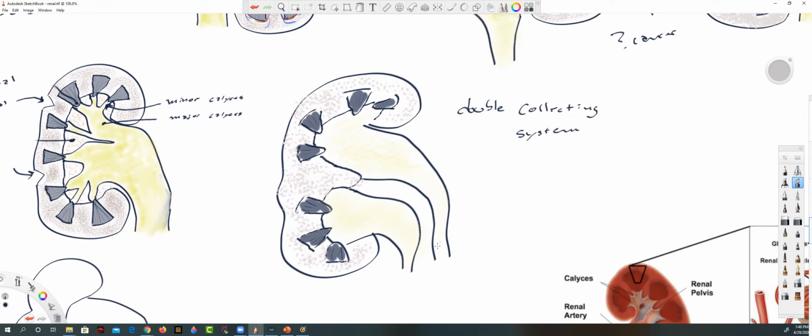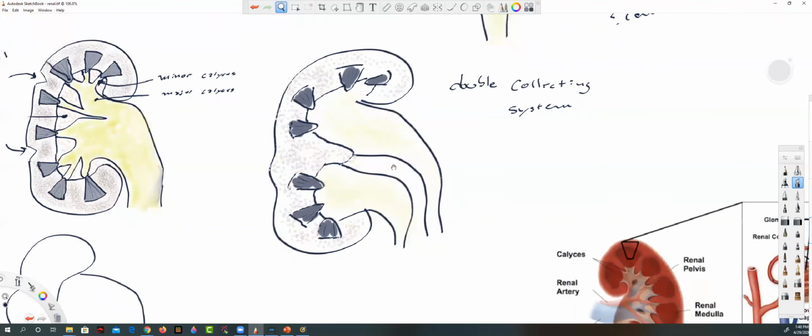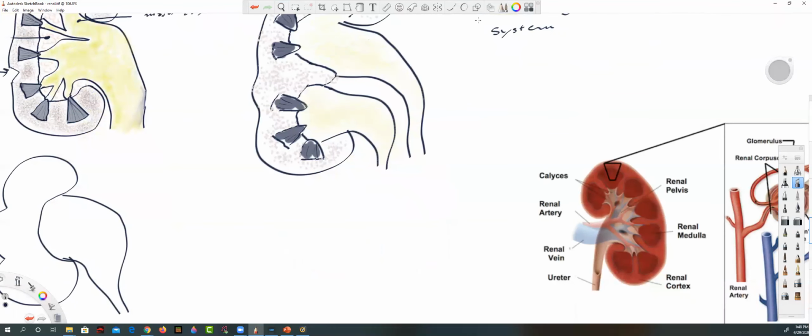What could happen with these are a couple of different things. Let me just show you something on here. One thing that can occur is that very quickly, or maybe halfway down, the two separate ureters can fuse together and become one ureter.